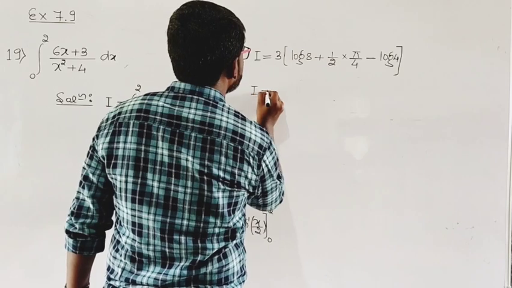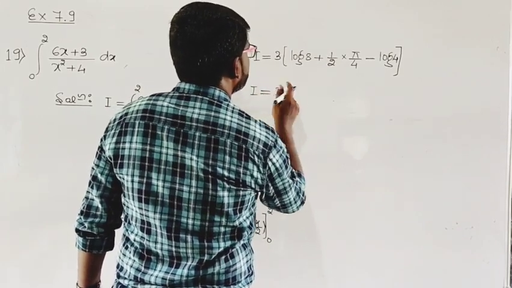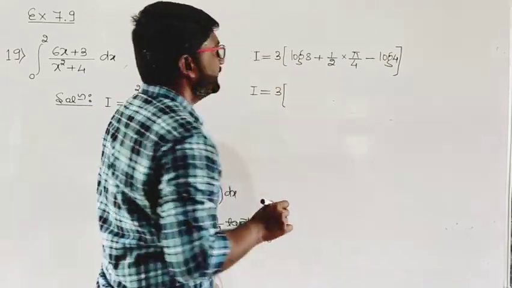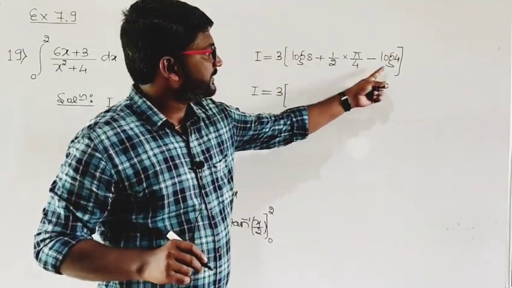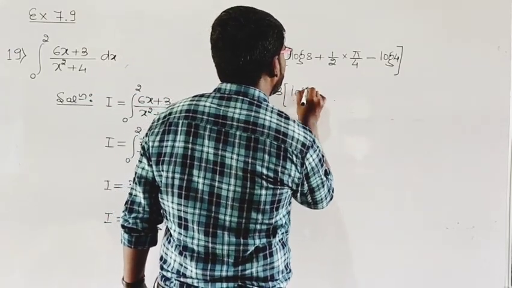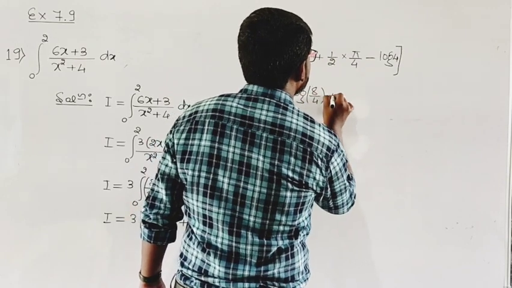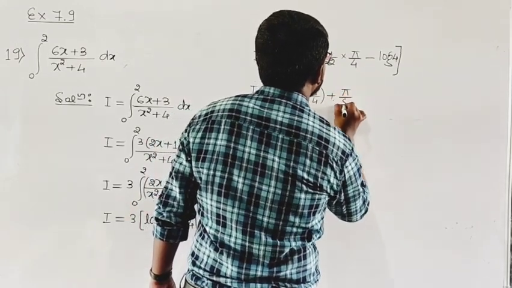I is equal to 3, write it outside, then inside the bracket, this is in the form of log x minus log y, it is log x by y. So log 8 by 4 plus pi by 8.